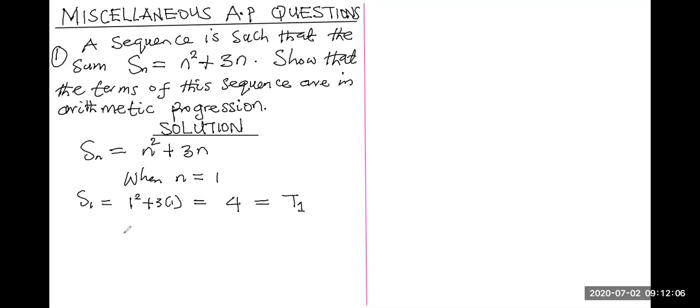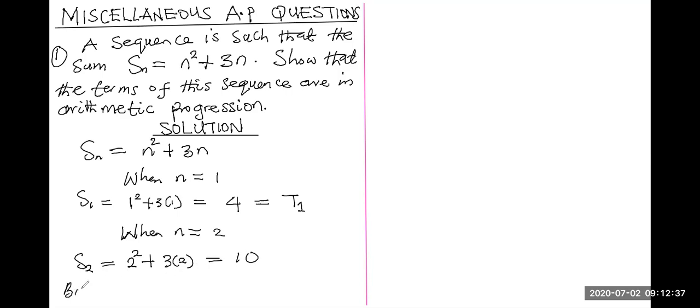All right, so when n is equal to 2, that means you're adding from the first to the second one. So our S2 is equal to 2 squared plus 3 into 2. When we solve this, 2 squared is 4 and 3 into 2 is 6, which will give us 10. So the sum of the first and the second is 10.